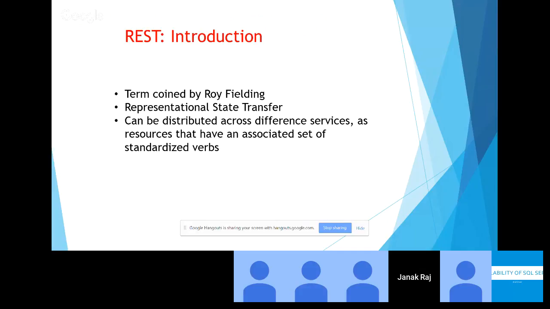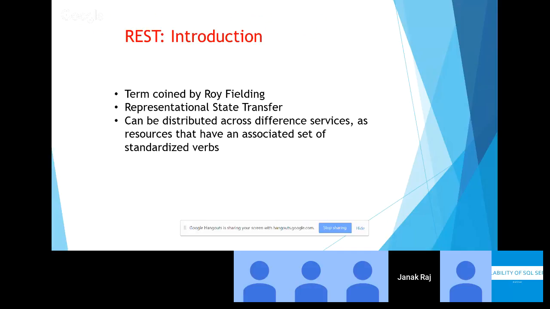RESTful systems view the HTTP endpoints that can be distributed across different services as resources that have an associated set of standardized verbs like get, put, post, delete that can be invoked to interact with the resource.